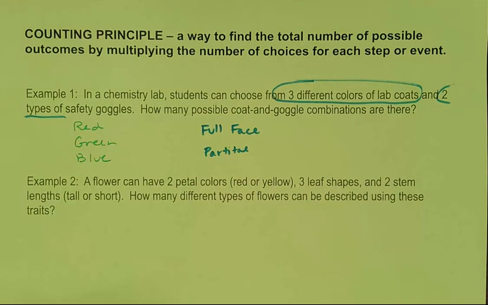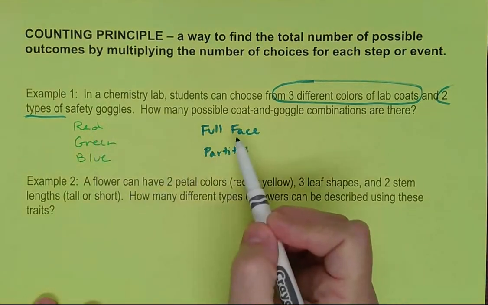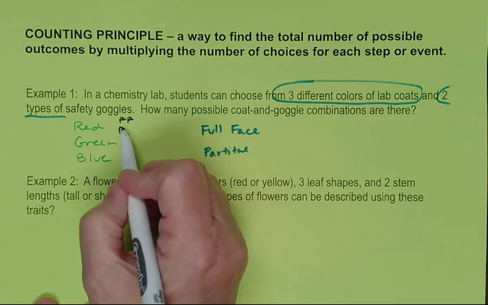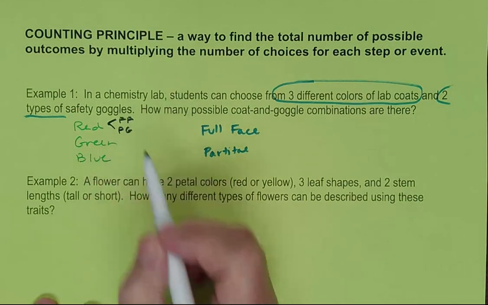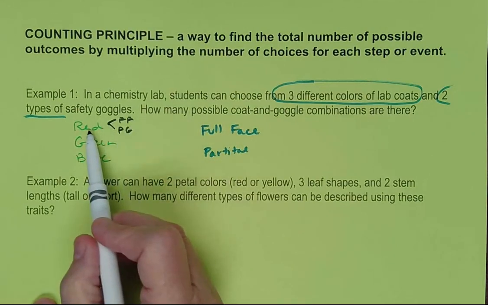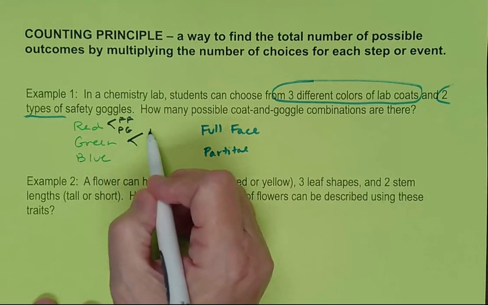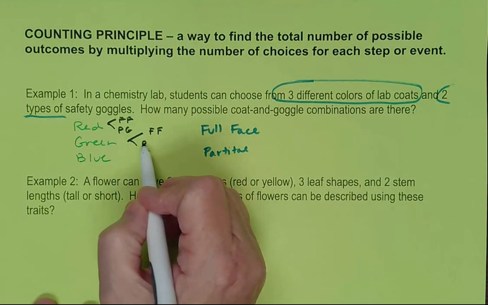So if I'm thinking about how many different possible outcomes are there, I can bring the red coat with the full face goggles or just the partial goggles. So there are red coat, 2 different types of goggles. Green coat, 2 different types of goggles, full face or partial.